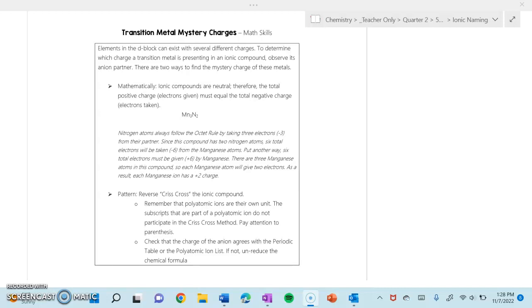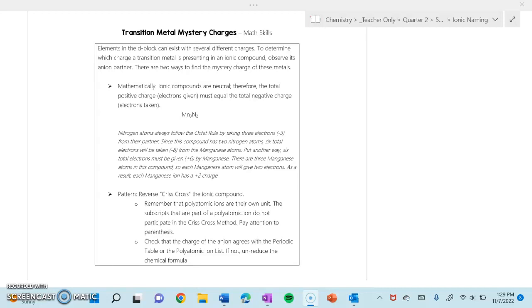So a couple of things, these are the times where it kind of breaks down, so things you have to remember. Polyatomic ions are their own unit, so the subscripts are part of that polyatomic ion and do not participate in the crisscross method. So you got to pay attention to parentheses, and you never want to crisscross the subscripts of polyatomic ions. And secondly, check that the charge of the anion agrees with the periodic table or the polyatomic ion list.